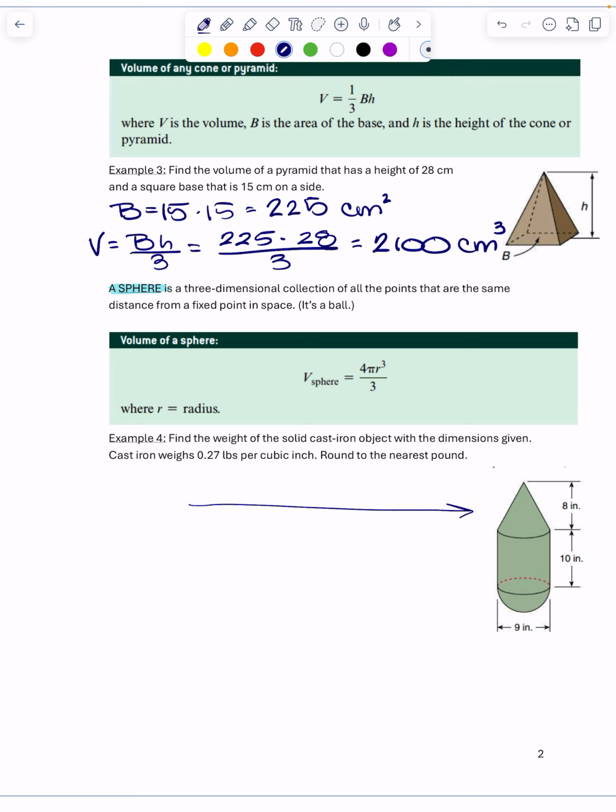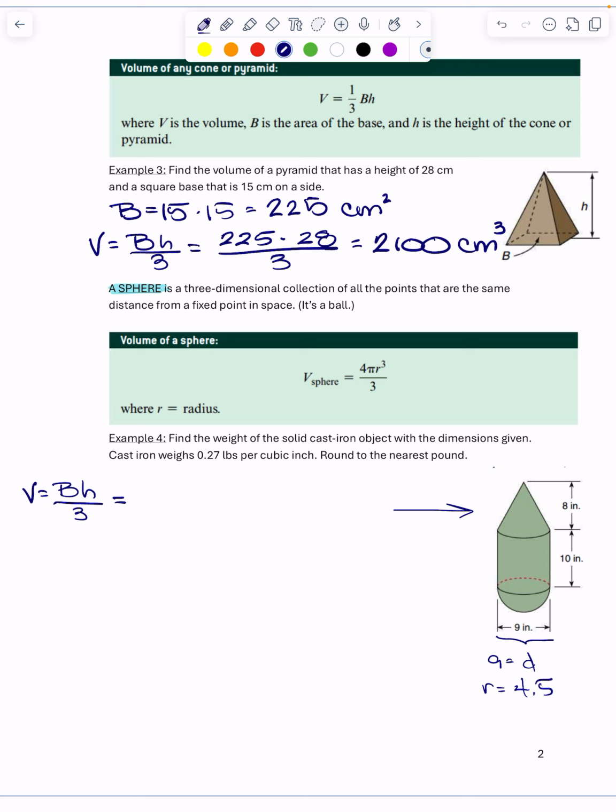The volume of that cone is base times height divided by 3. Probably should not have made this line so long. Okay. You notice down here they give me 9 inches for the diameter, which means our radius is 4.5.